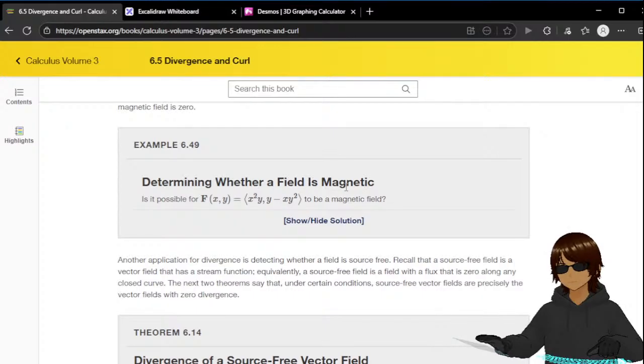Determine whether a field is magnetic. Is it possible for F(x, y) = x squared y minus x y squared to be a magnetic field?